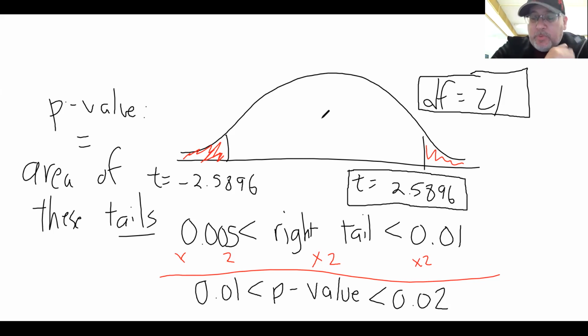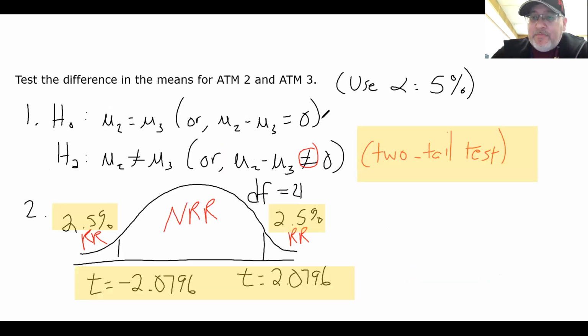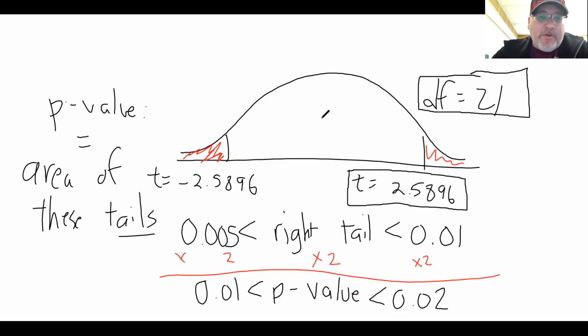It wasn't given to us, but I think I did write it down. Yeah, but even if I didn't give it, we would still assume 5%. We know our p-value is between 1% and 2%, and more importantly, it's less than 2%. So now we can wrap this up, p-value style.